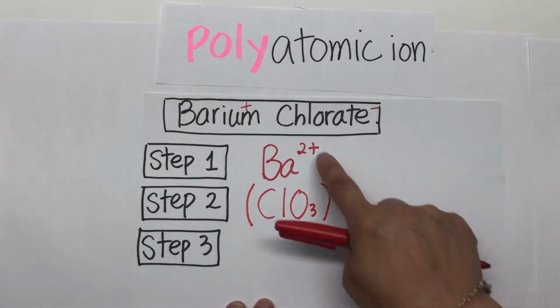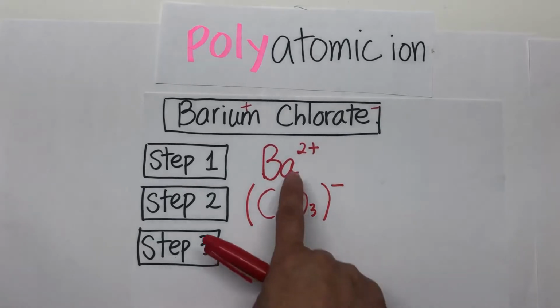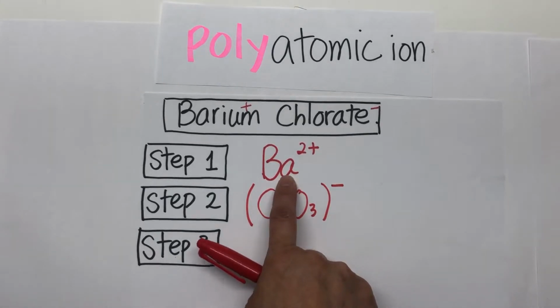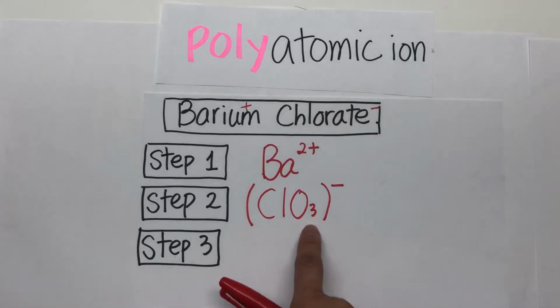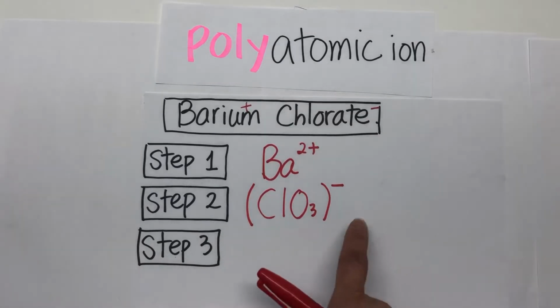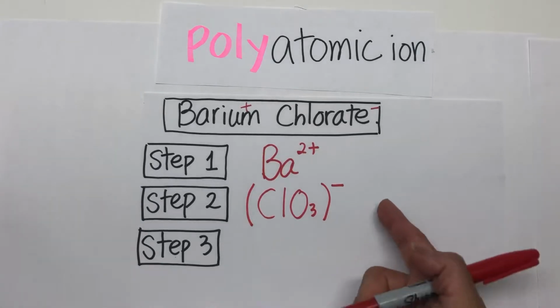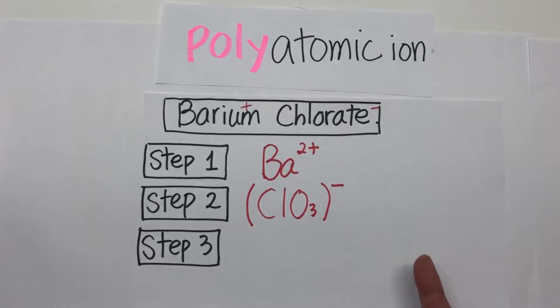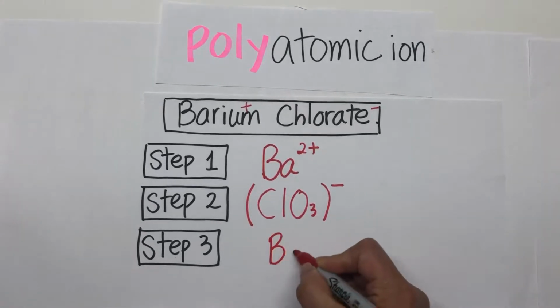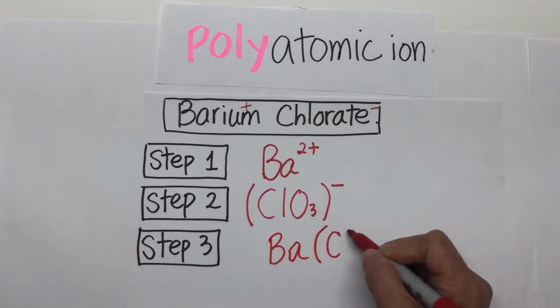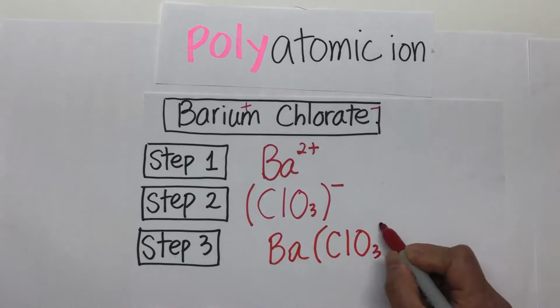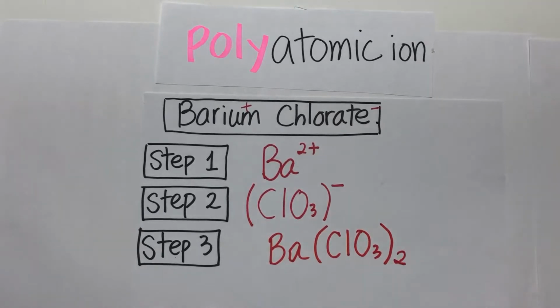Now we need to balance them. Remember, they need to be in balance, right? So you got barium 2 plus, but you have 1 minus. So how many of these do you need? Yeah, 2 of them. The LCM will be 2, right? So 1 barium needs to be paired up with 2 chlorate, right?